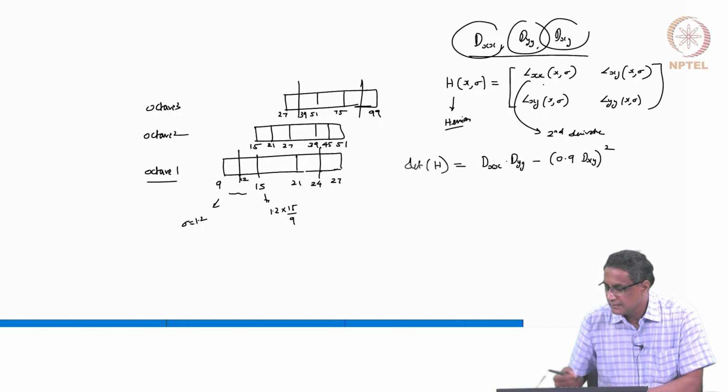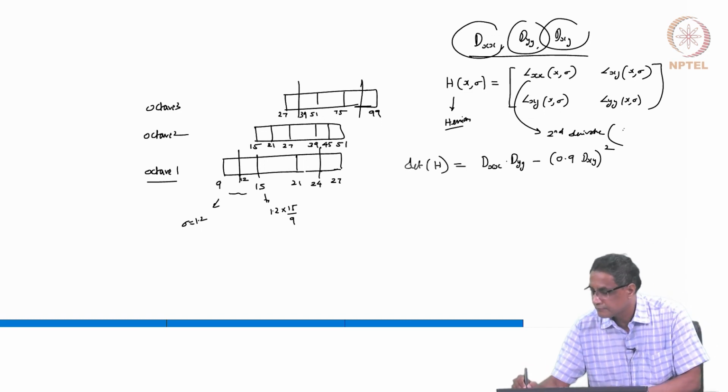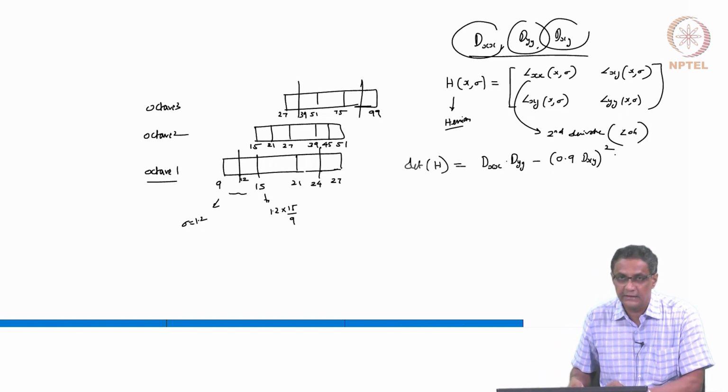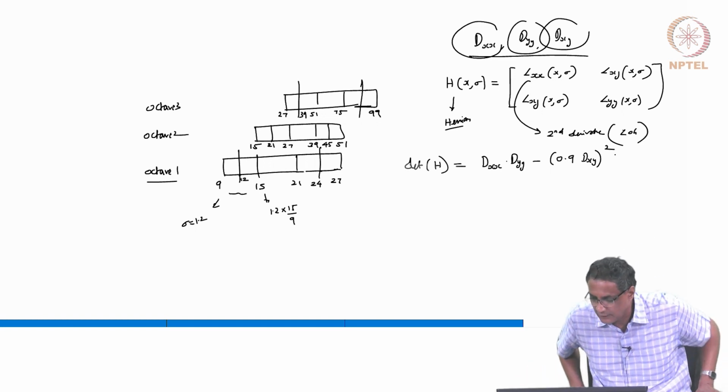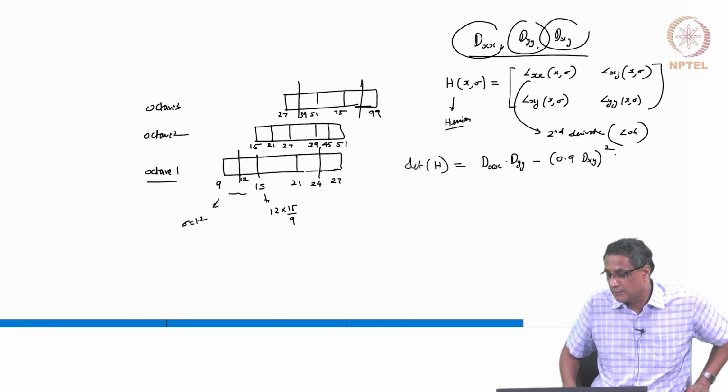Lxx is the actual LoG which you would ideally have liked, but you do not have that, so you have an approximation of the LoG through a box filter, which is Dxx, Dyy.